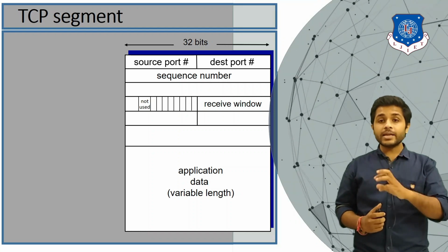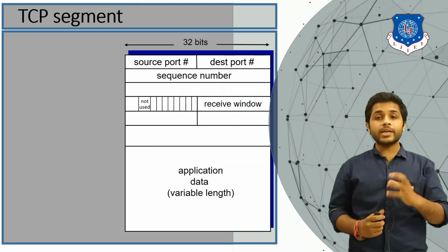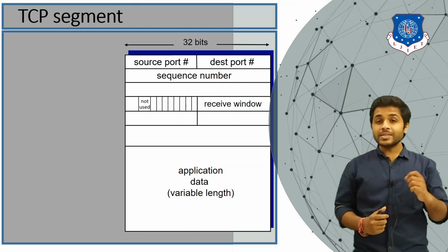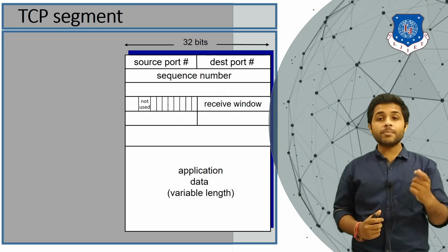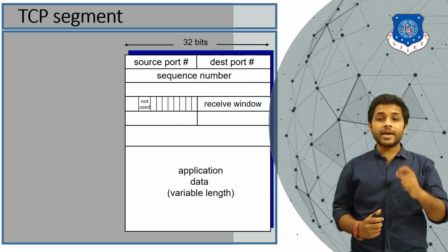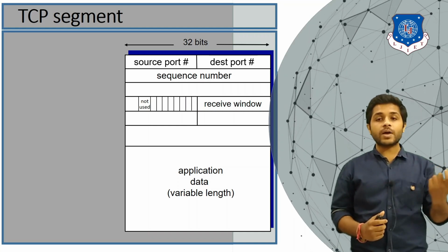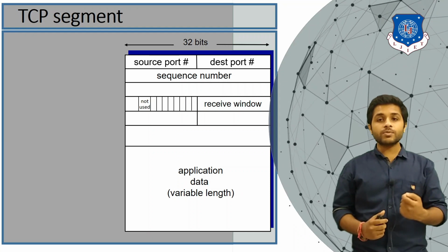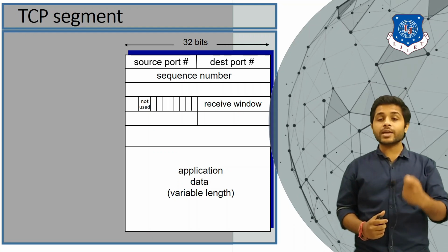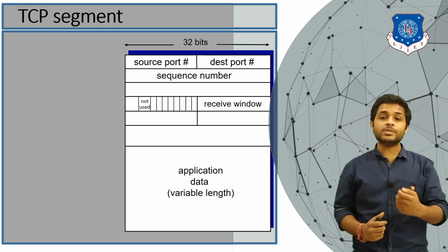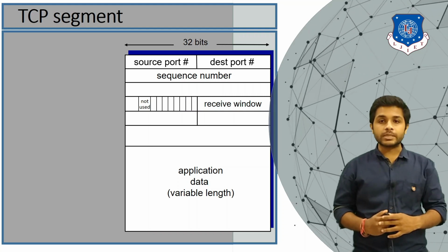And if any packet is lost, for example, the receiver has not received the packet of sequence number 5, then the receiver can request the sender: I have received all the packets except the packet of number 5, so please send me the packet of number 5 again. So using the sequence number, the receiver can arrange the packets in order and can also know whether any packet is missing or not. The length of the sequence number is 32-bit.